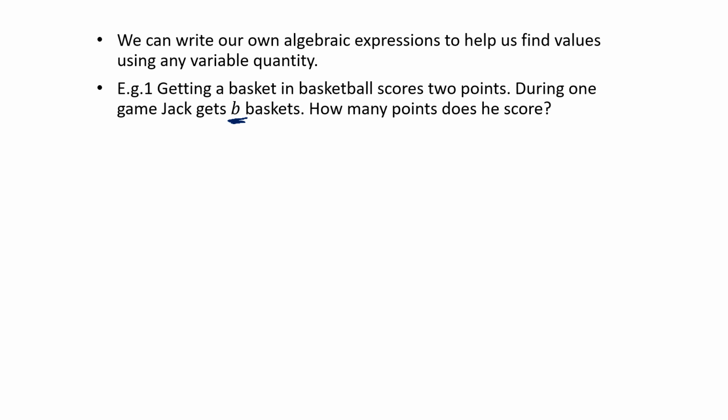So the total number of points that he's going to score is going to be 2, the number of points he gets per basket, times b, which is the number of baskets he gets. We don't need to put the multiplying sign in because touching means timesing, so we write it as 2b, and that is our algebraic expression.